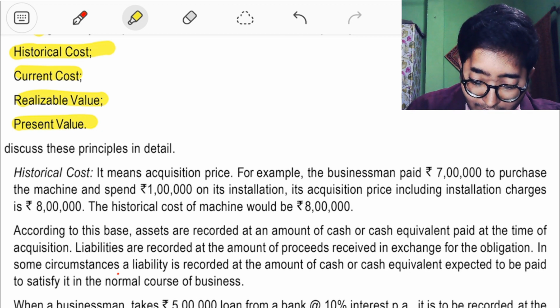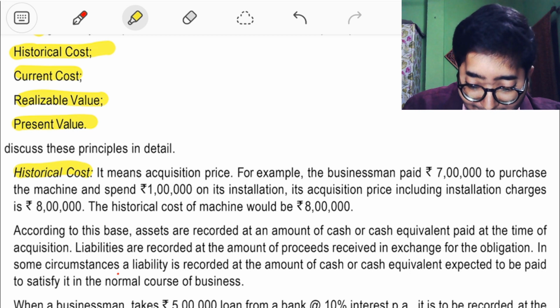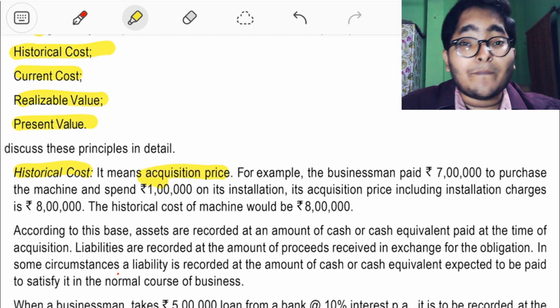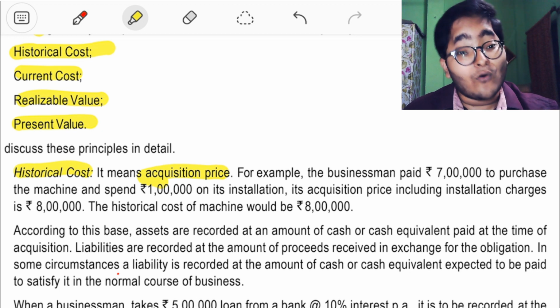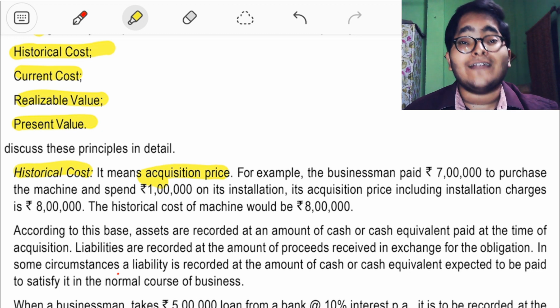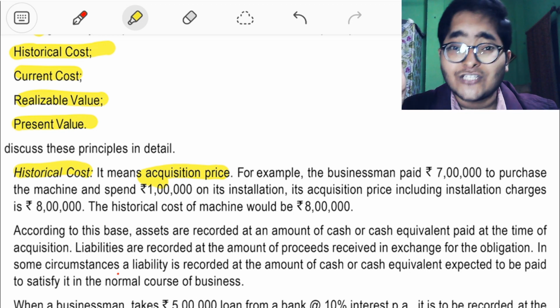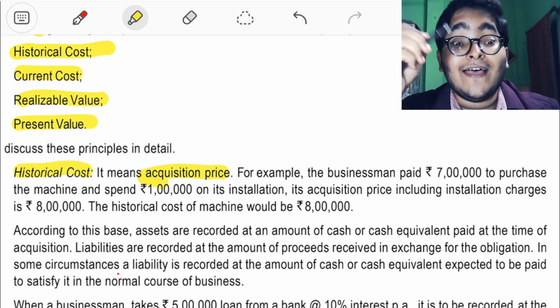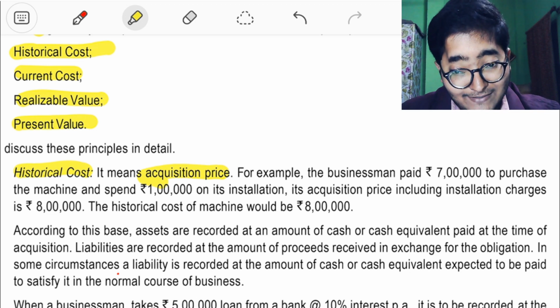So, historical cost means acquisition price. The cost that is paid by a company or firm to acquire a product is its acquisition price, and that is why historical cost is the acquisition price.